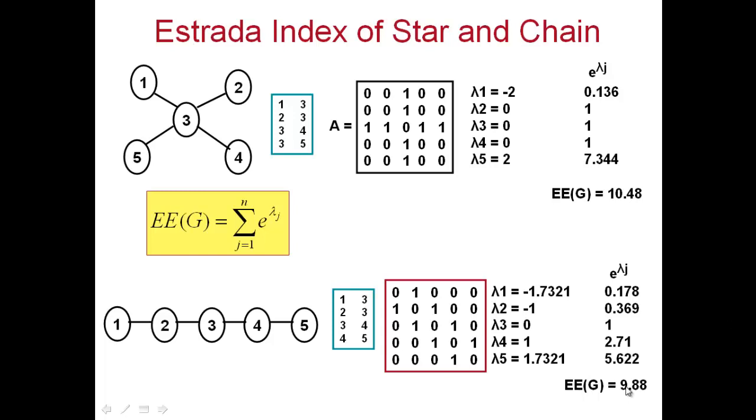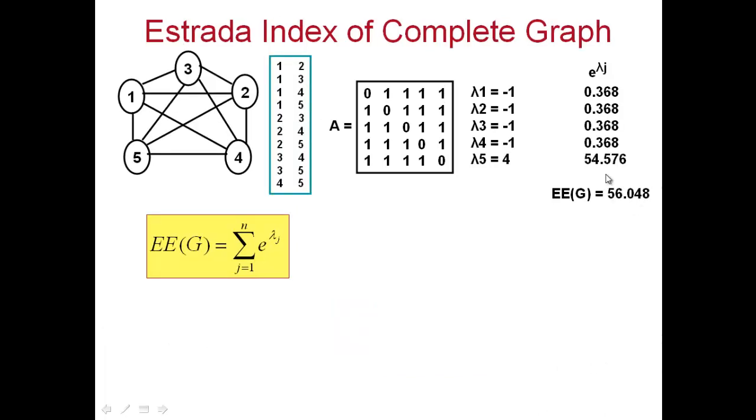It's almost like close to double the e to the power lambda value corresponding to the largest eigenvalue. On the other hand, if you do it for a complete graph, you see the largest eigenvalue makes almost the entire contribution to the sum of these e to the power lambda values.